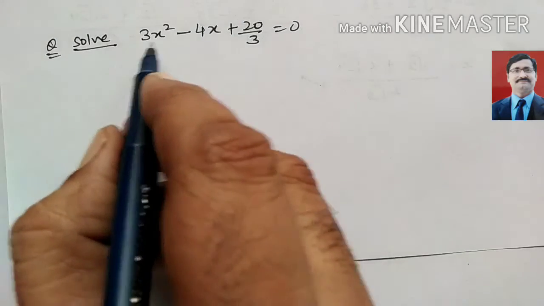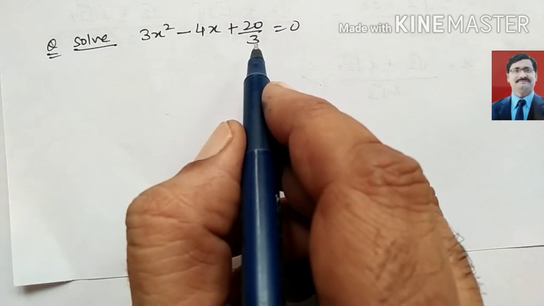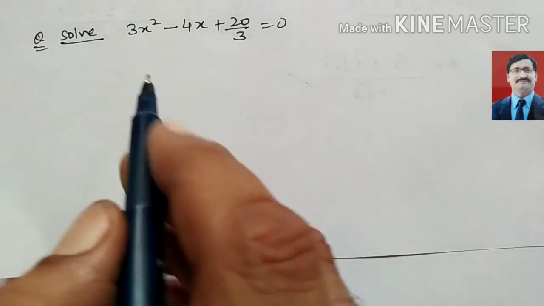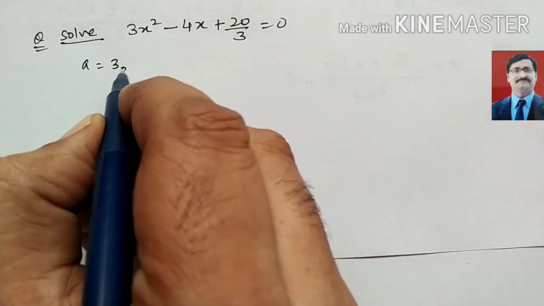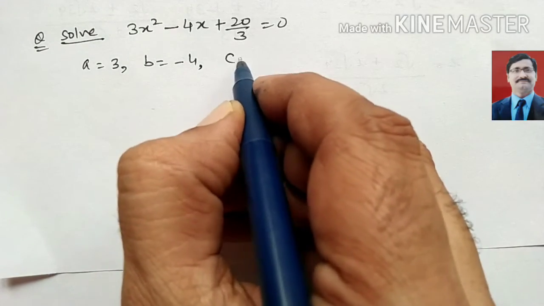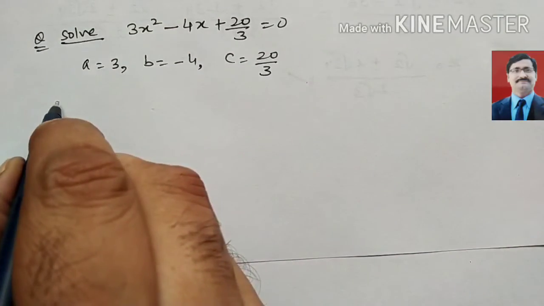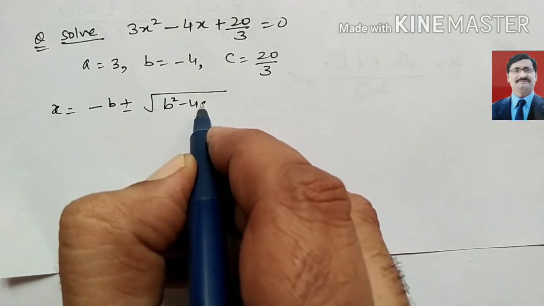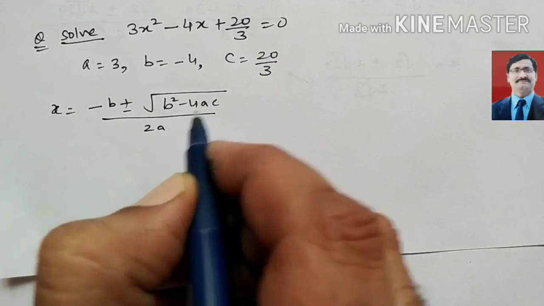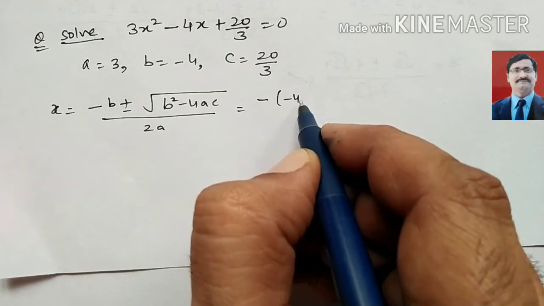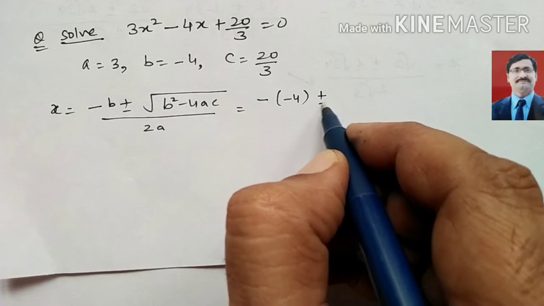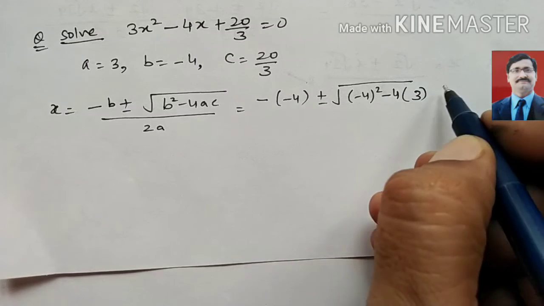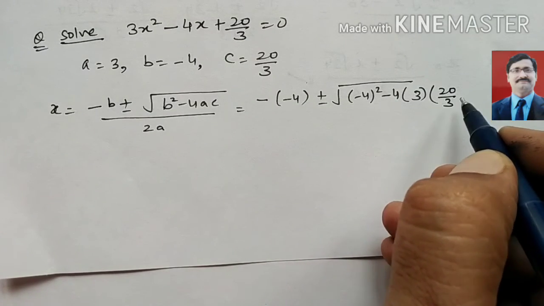Look here, one more question you can check: 3x square minus 4x plus 20 upon 3 equal to 0. This you have to solve, and how can we solve? Same method we will use here: a equal to 3, b equal to minus 4, and c equal to 20 upon 3. So you can use here x equal to minus b plus minus root b square minus 4ac upon 2a. So here minus b means you can put here 4, minus minus 4, plus minus root b square means minus 4 square, minus 4a is 3 and c is 20 upon 3.